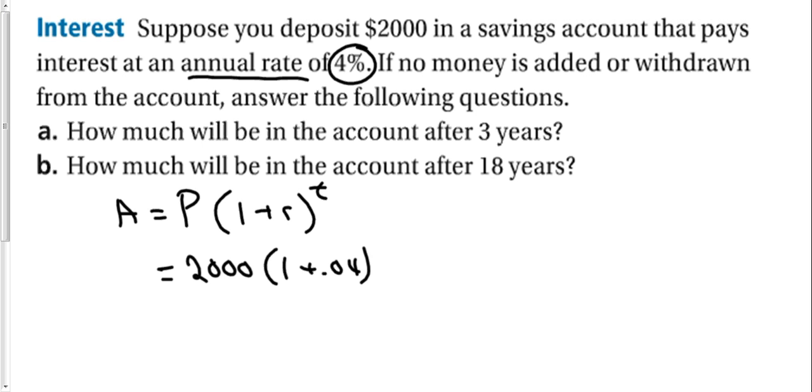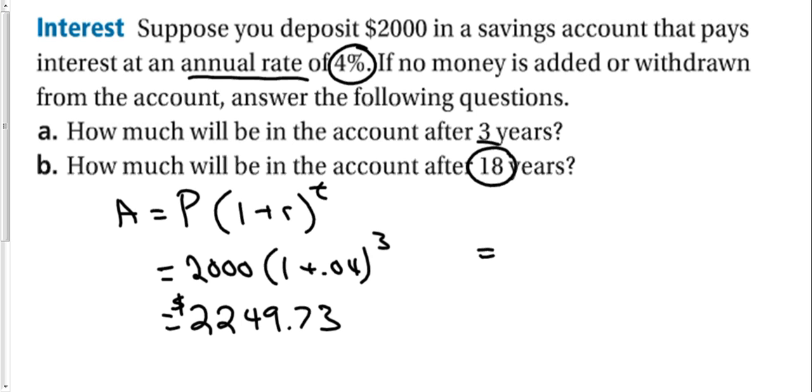And to the t power, let's start with the first one, 3 years. So working all this out, we get from the calculator 2,000 times 1.04 to the third power, we get $2,249.73.